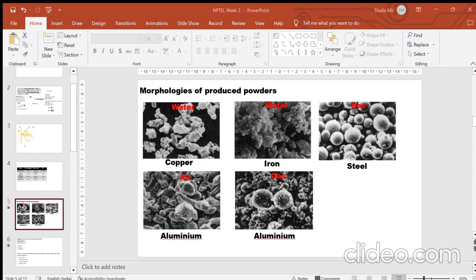Say for example, we have copper. So what do you think, the copper powders that are shown here, by what method are they produced, based on the atomization routes?